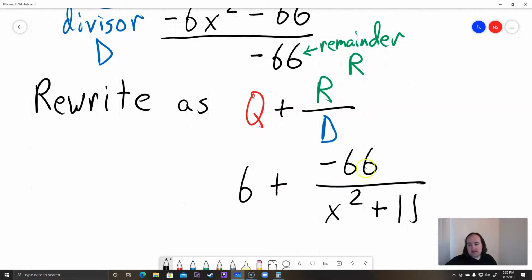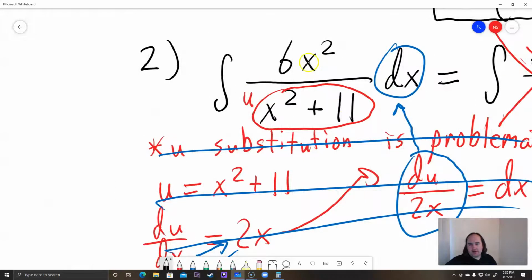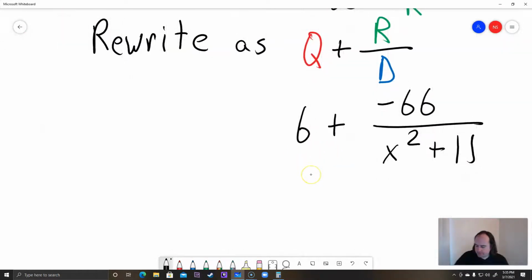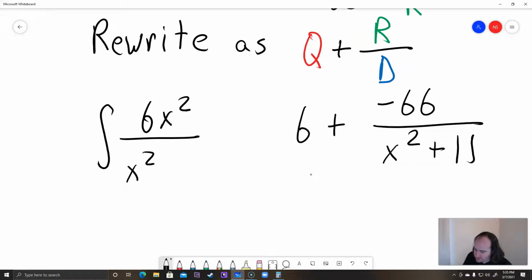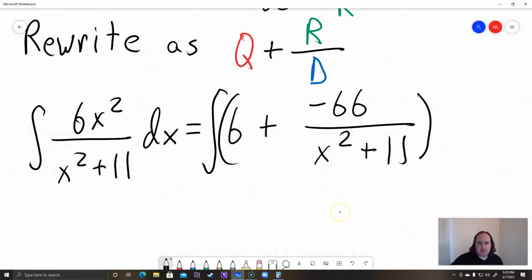So this is actually the same as our original expression. The integral of 6x squared over x squared plus 11 dx is the same expression as Q plus R over D. So the original problem, the integral of 6x squared over x squared plus 11 dx, is going to be the same as the integral of this whole thing, 6 plus negative 66 over x squared plus 11 dx.